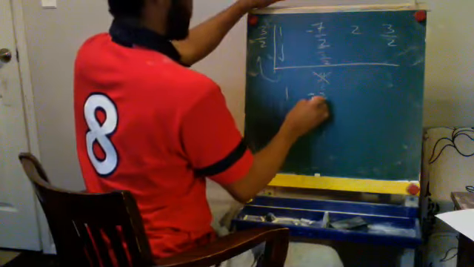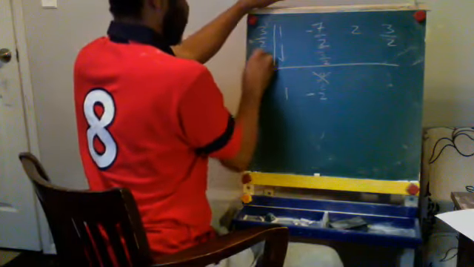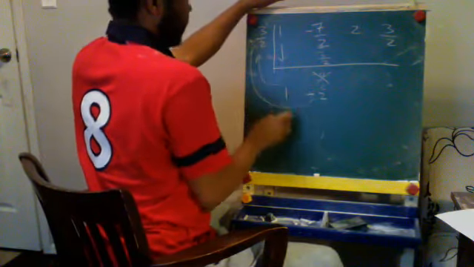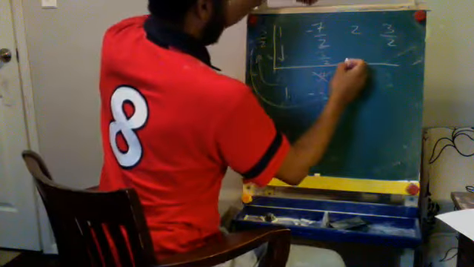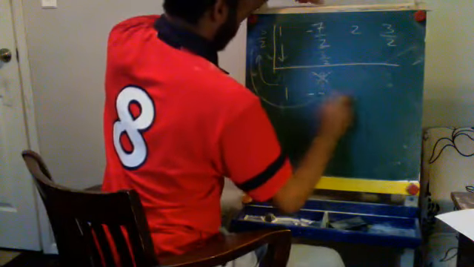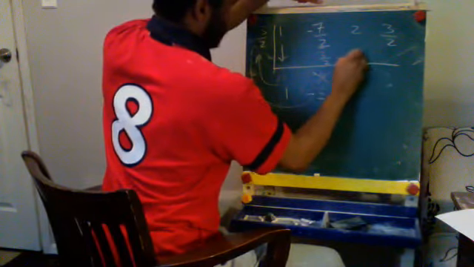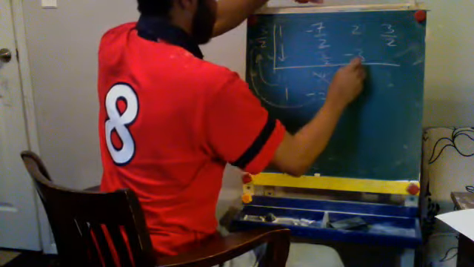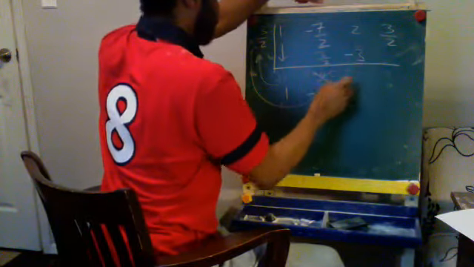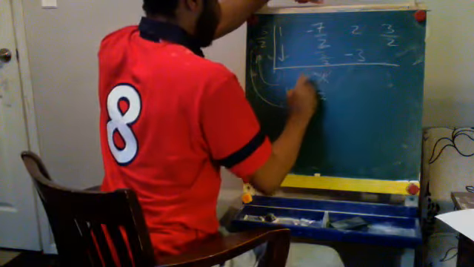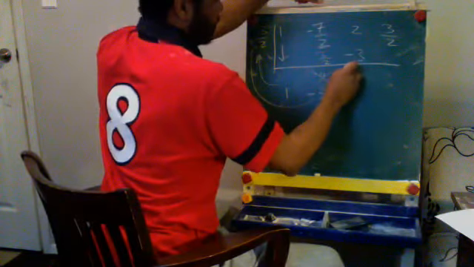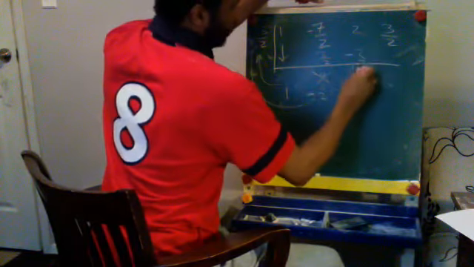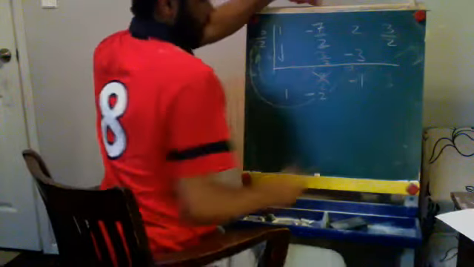All right. And so negative 2 times 3 over 2 is going to be negative 3. Use a calculator to confirm this. So my answer goes here, obviously. I have this back and forth process. So I'm going to add 2 and negative 3, which is going to be negative 1, right?